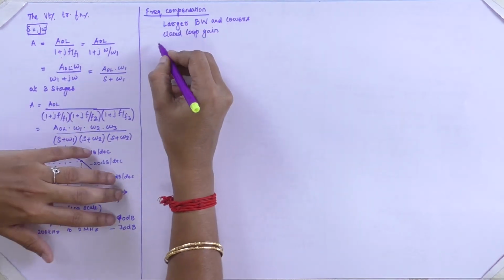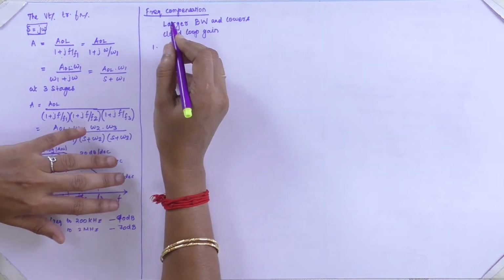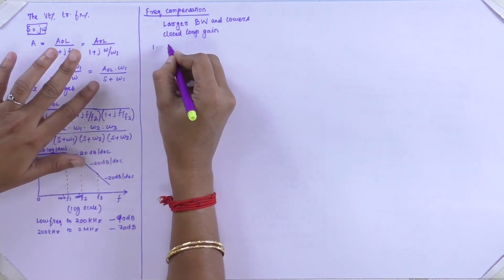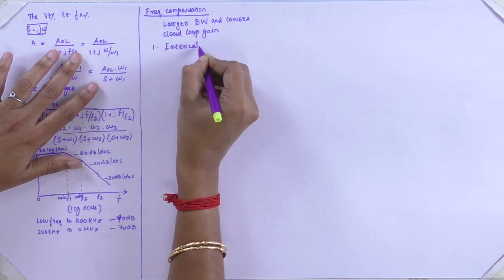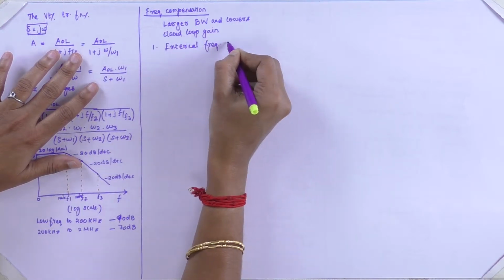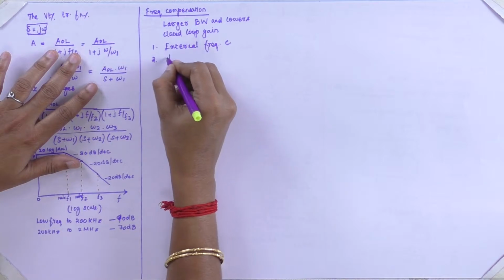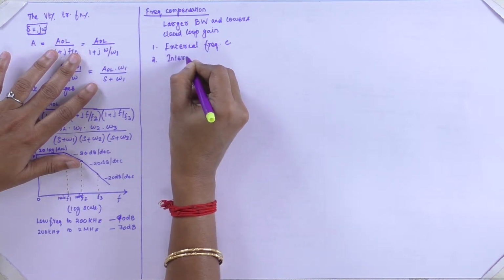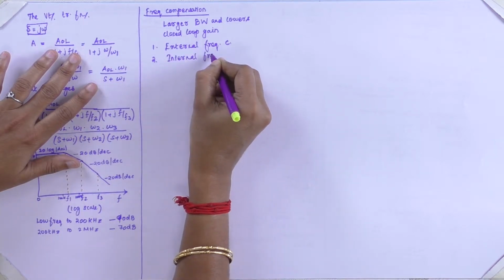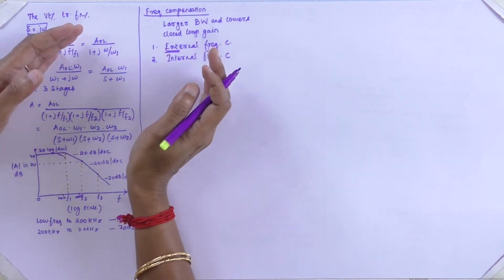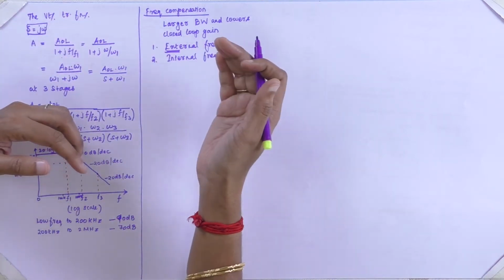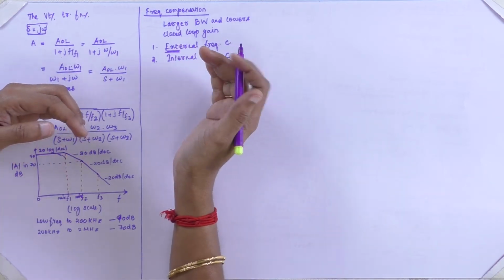So the frequency compensation technique is classified into two types. One is external frequency compensation and the other is internal frequency compensation. As we understood from the name itself, we are going to add some frequency compensation external to the op-amp amplifier.